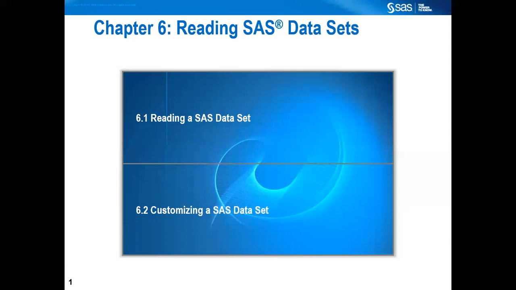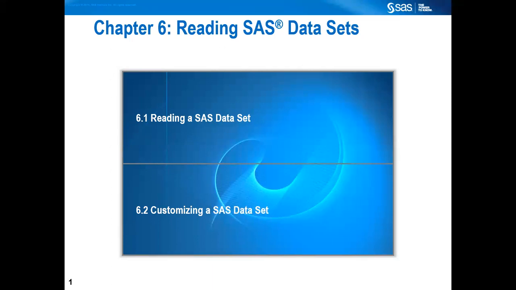So till chapter 5, we had got introduced to proc steps. We had seen how proc steps are used, predominantly proc print to display the data values. Then we had seen 2 other procedures, proc sort earlier in chapter 4 and proc format now, which were used to enhance your reporting, correct?